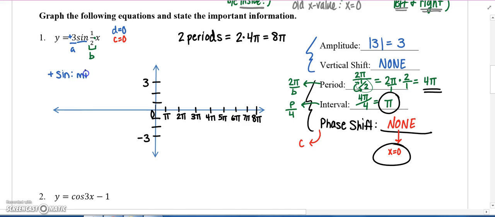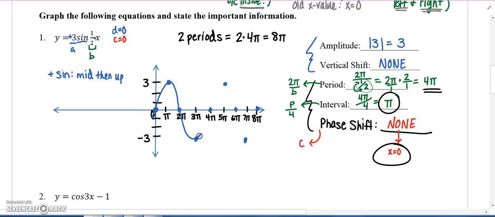Positive sine starts at the middle and goes up. So middle, then up. So add x equals 0, starting in the middle, going up, and then try and follow your pattern. Middle, max, middle, min. Middle, max, middle, min. If something ever doesn't quite look right, check that you followed your pattern correctly.